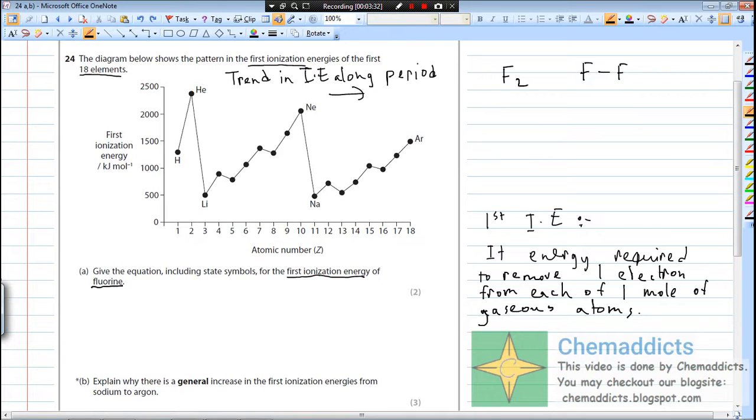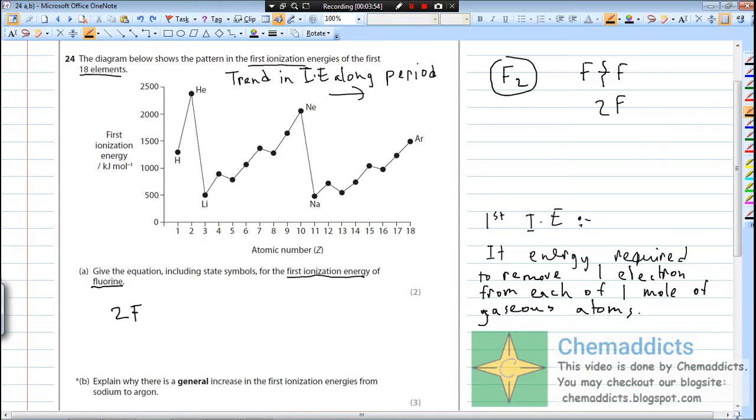In the gaseous state, when we atomize these fluorine molecules, we will get two fluorine atoms. So we are now ionizing two fluorine atoms, since to ionize fluorine we first need to break it down into atoms.